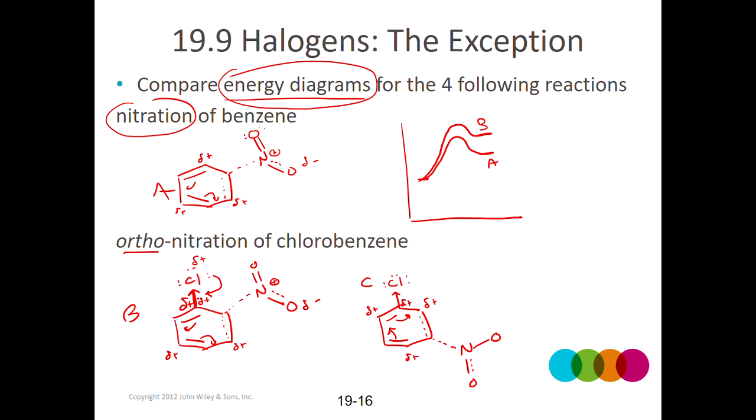So in this case, spreading the positive over multiple atoms is going to be a little bit more stable than having it only on 3 atoms in the ring versus also including the chlorine. Right? So I'd have larger quantities of positive here. Over here, the positives on the ring would be less because they'd be sharing some of that positive with the chlorine. So C should be even higher in energy.